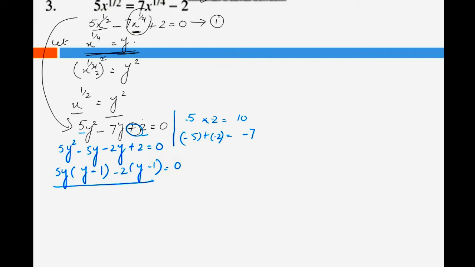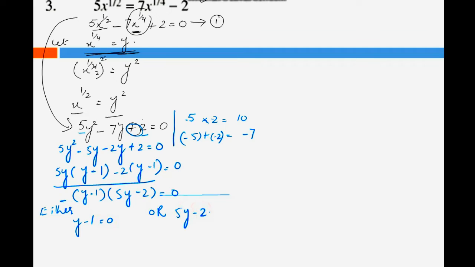Now from this equation you can have y minus 1 as common, and 5y minus 2. Afterwards apply either-or condition. Either y minus 1 is equal to 0 or 5y minus 2 is equal to 0. From here you can have y is equal to 1 and y is equal to 2 upon 5.